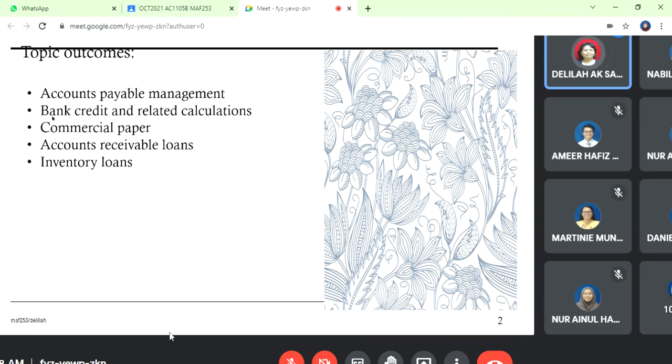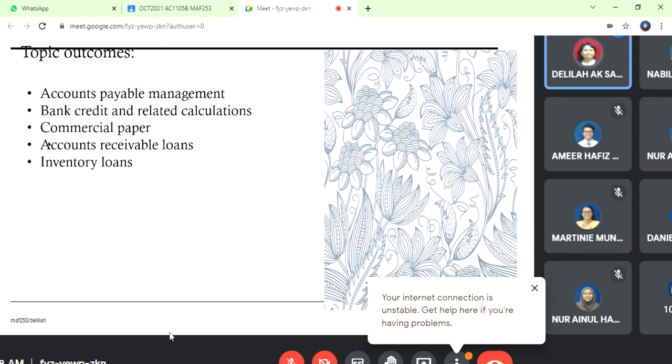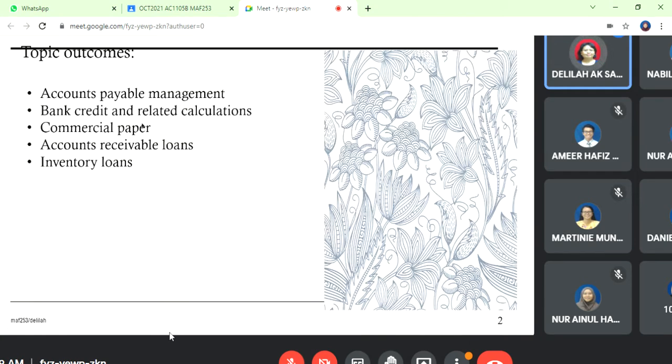Commercial paper, you would have read about commercial paper when you went through chapter 5 of accounts receivable management. Now, when you look at current liabilities, you also have commercial paper. So again, we will look very quickly at this. Whether it is covered in accounts receivable or in current liabilities, the idea of the commercial paper is the same.